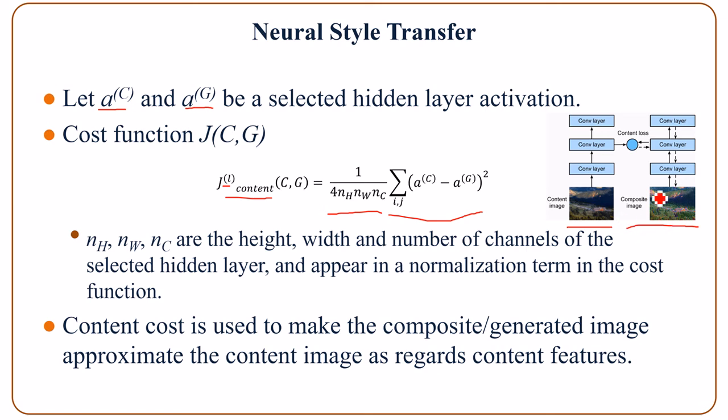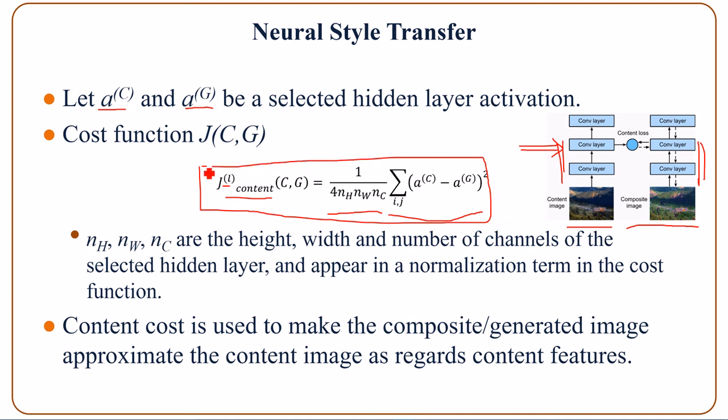We send them through the pre-trained layers, and we decide that at this level, we extract the features, and from there we get the cost function. Note that this has to be done across all the channels.